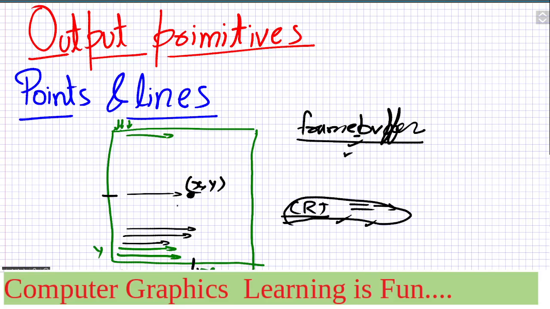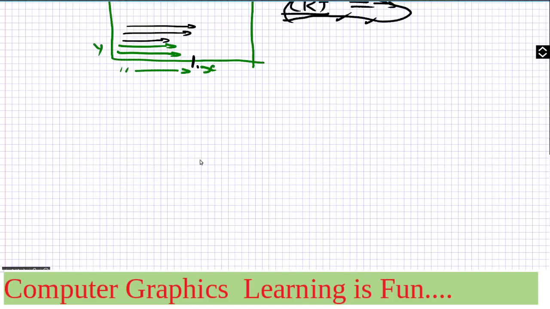Now if you have to think about a line, what will happen? When you have to think about a line, in that case you have to think about 2 points.